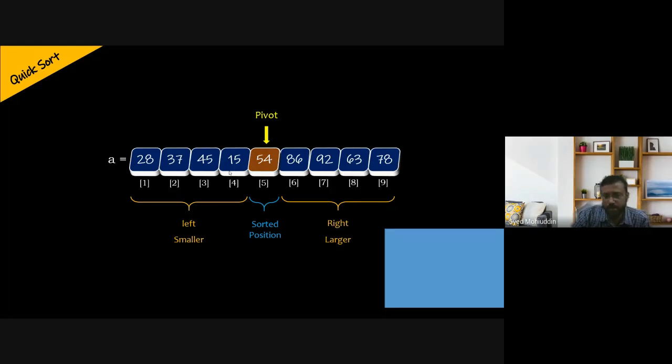When all the elements to the left are smaller than the pivot element and all the elements to the right are larger than the pivot element, that means that whatever pivot element it is, that element is in its sorted position. So the primary focus of how quick sort works is on the concept of the pivot element.